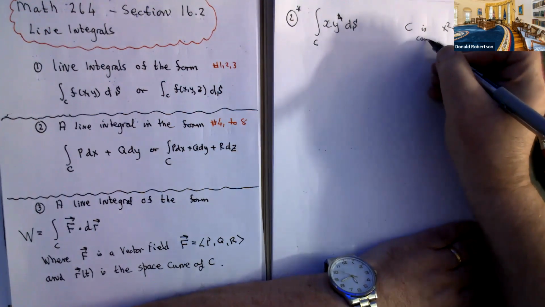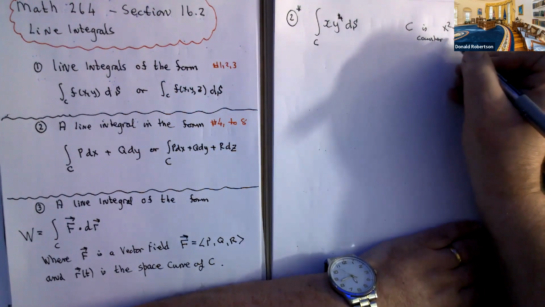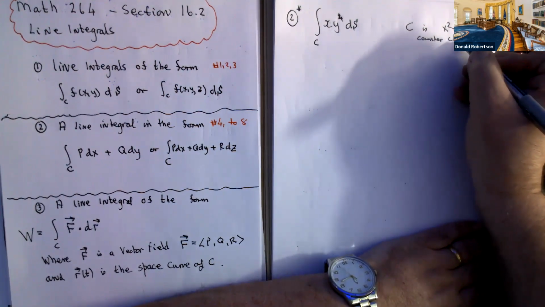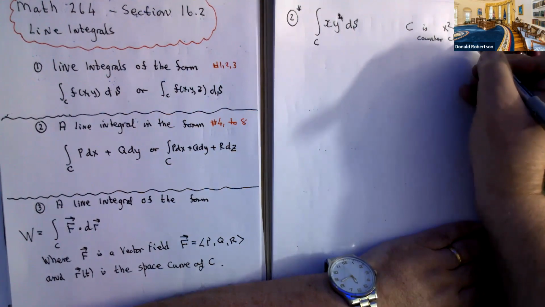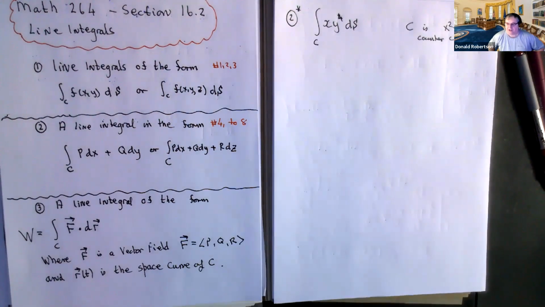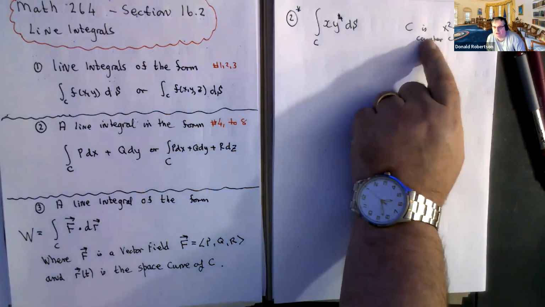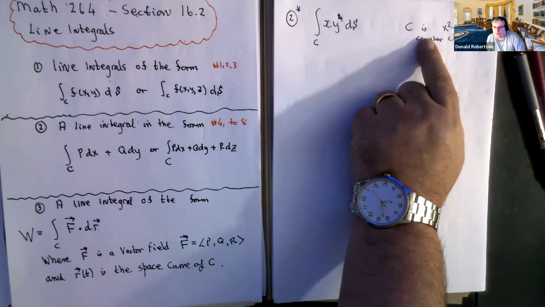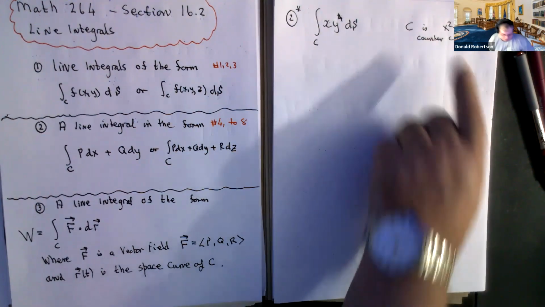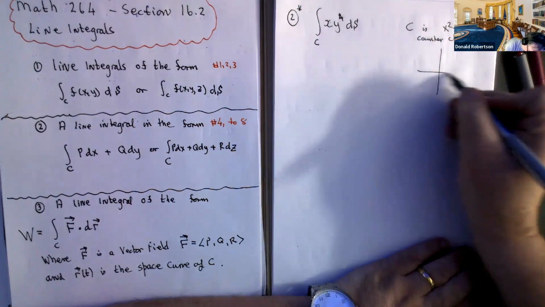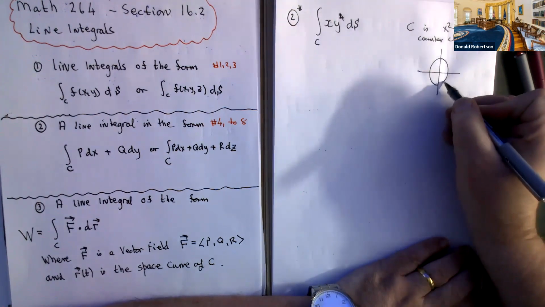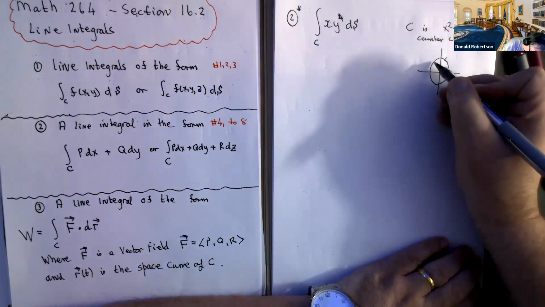And it's going counterclockwise. So this one has an added thing that we didn't have in question 1. And that is, I do not have the parametric equation for a circle, radius 2, going counterclockwise. I can draw it. Right, would you agree it's going that way?